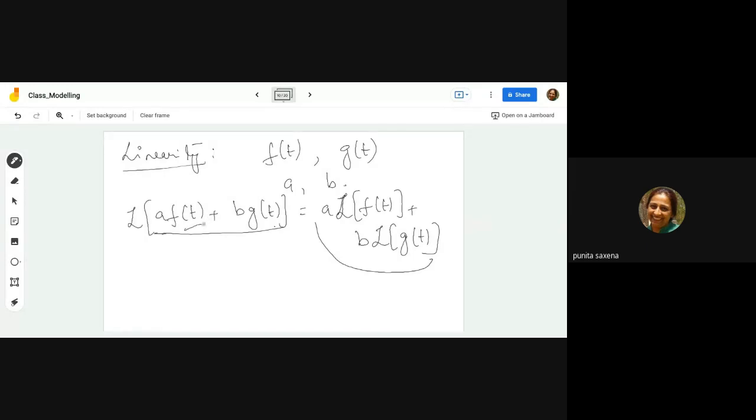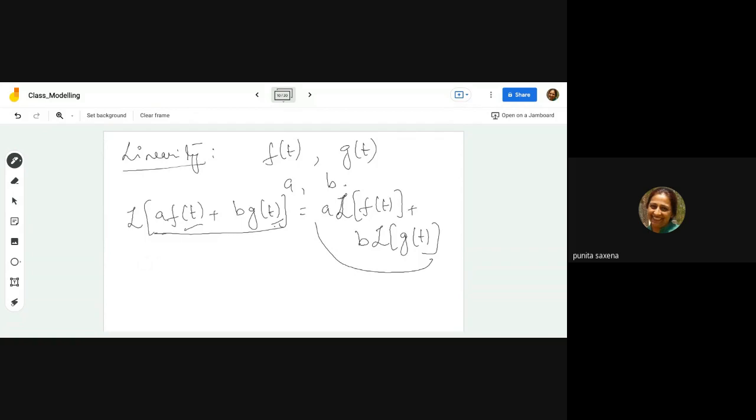So I just have to compute the Laplace transform of each term and then combine them. They will follow the same kind of linear relation. And that is why we are able to convert the differential equations into algebraic equations.